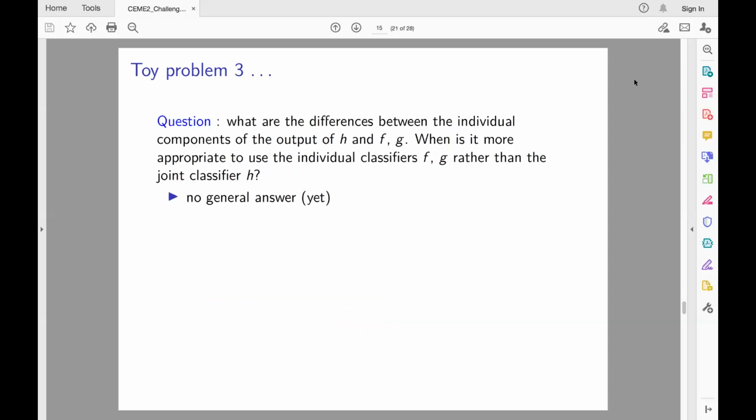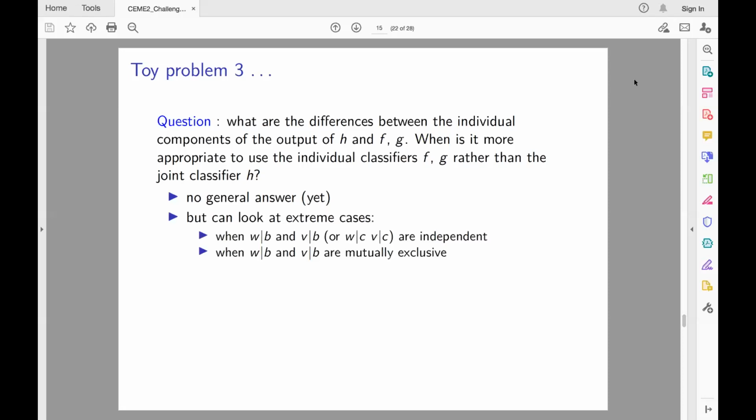And so the question that we wanted to investigate using this framework is: what are the differences between the individual components of the output of H and the outputs of F and G? When is it more appropriate to use individual classifiers F and G that just take into account the data on their own rather than a joint classifier H?